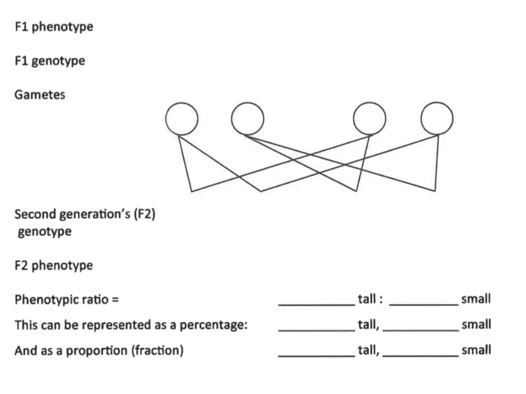So if we look at the top of page 7, it asks us for the F1 phenotype. Well, they were tall. And again, I'll do this relatively quickly and you can pause and copy it down at the end. Their genotypes, big T and little t, remember? So the gametes, half of them are going to be big T, half are little t, and the same over here.